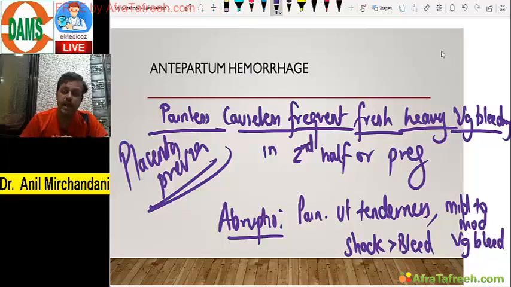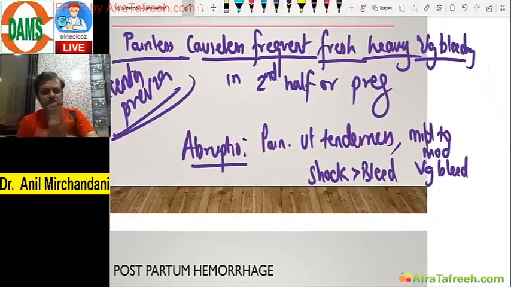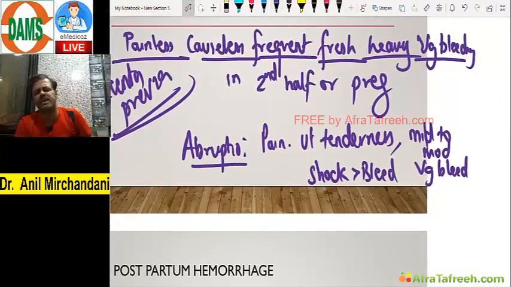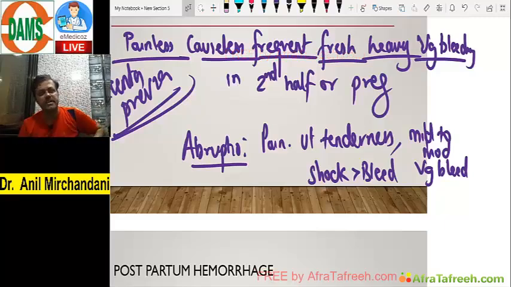You will typically see these patients coming with pain in the abdomen. Doctor, it is hurting a lot. When you touch it, she will shout with pain. There is a continuous trickling of altered colored blood coming out. 34 weeks of gestation, altered blood coming out, and tenderness in the uterus: you are dealing with abruptio placenta. Shock more than bleeding.